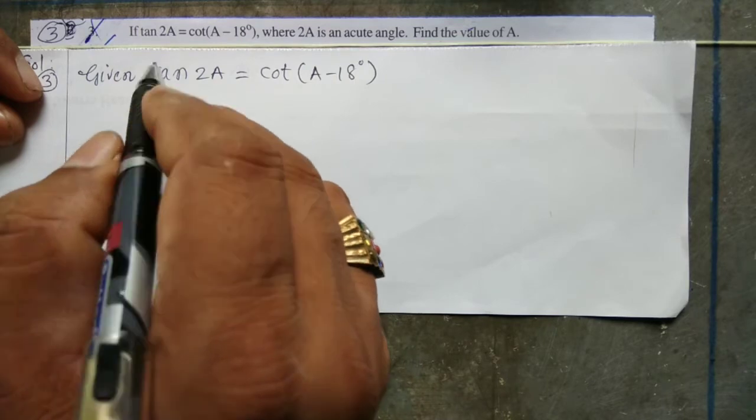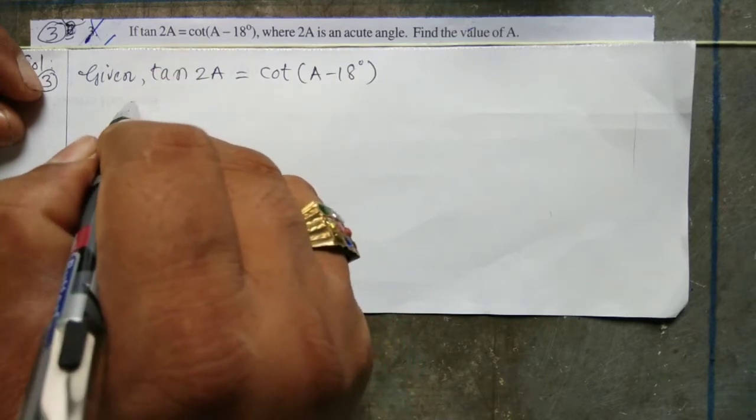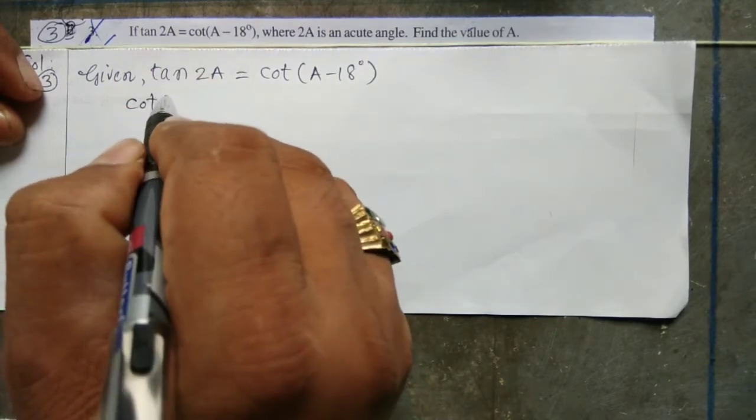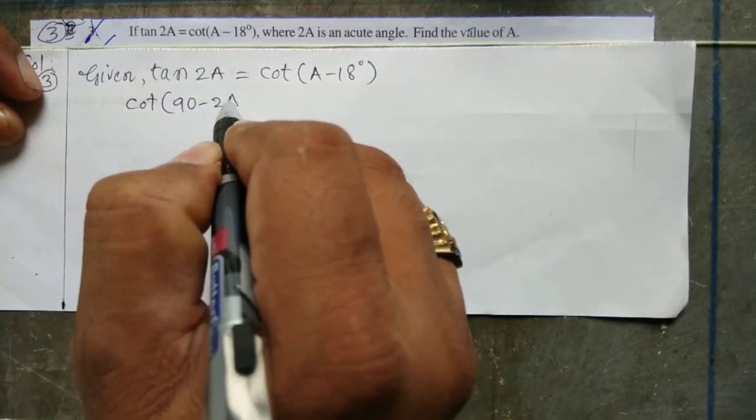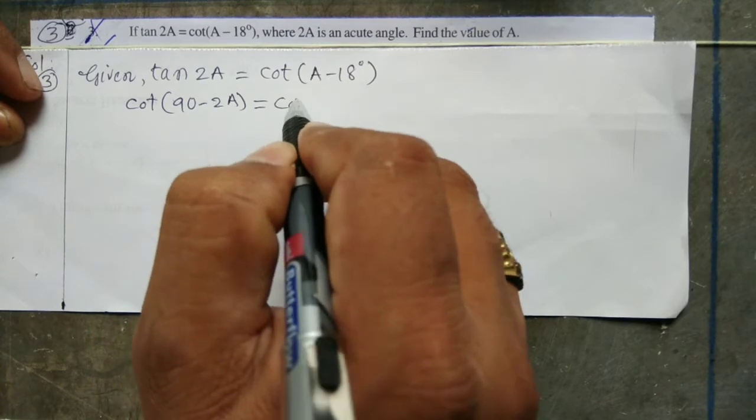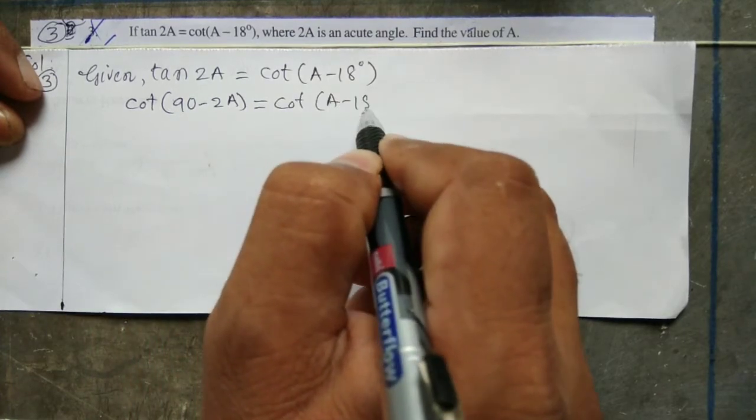Tan 2a we can write like this, cot 90 minus 2a is equal to cot a minus 18.